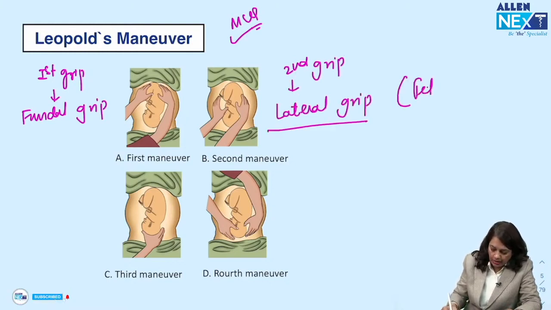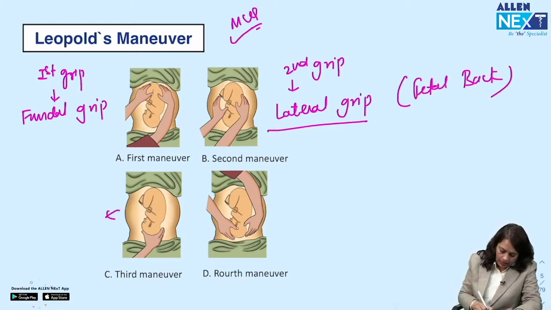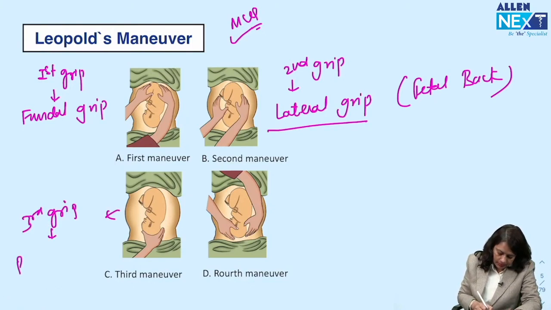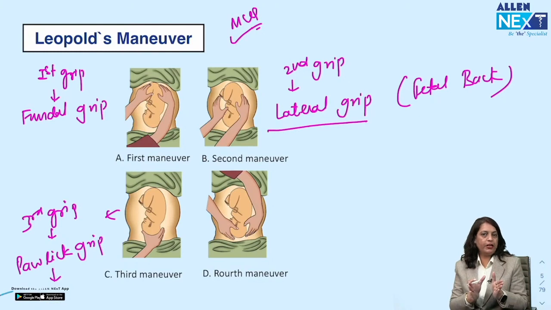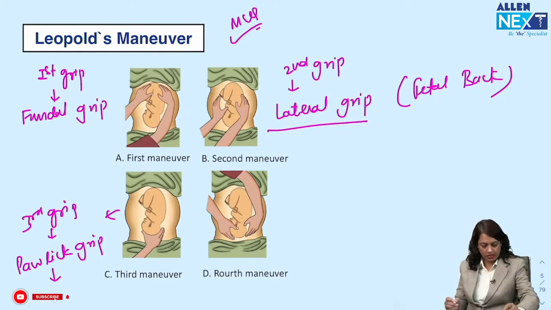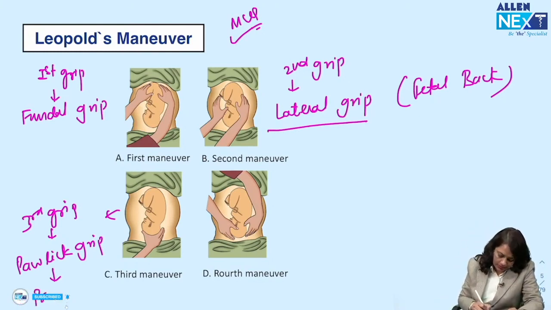This is to check the fetal back. Third grip is the pollic grip. In the pollic grip, a hard globular part which is ballotable is suggestive of head, or soft fetal parts which are non-ballotable suggestive of breech.